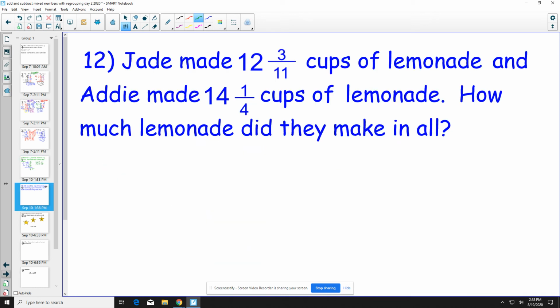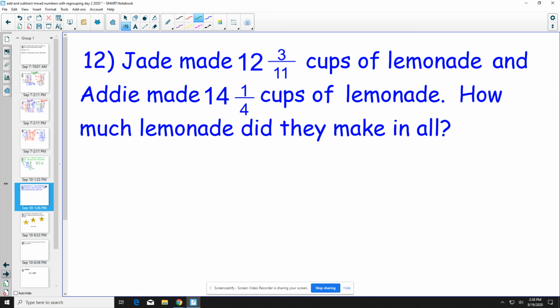All right, I'm going to read number 12. I want you to think to yourself, should you add or subtract? Jade made 12 and 3/11 cups of lemonade, and Addie made 14 and 1/4 cups of lemonade. How much lemonade did they make in all? You should add.